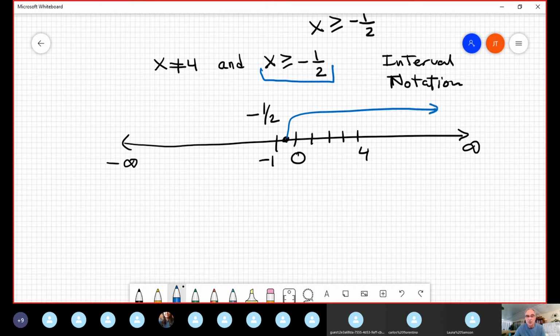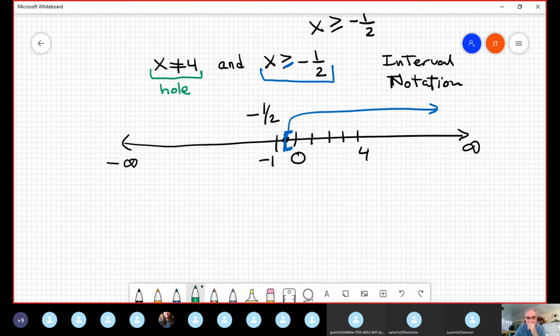Let me use this symbolic way to indicate the temporary answer before I highlight the true answer. It's here, and of course it includes -1/2 because I can see the equal sign here. But here we have a hole, because it is all real numbers except 4.